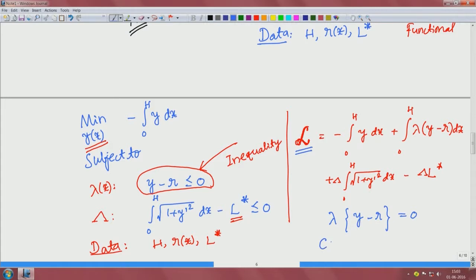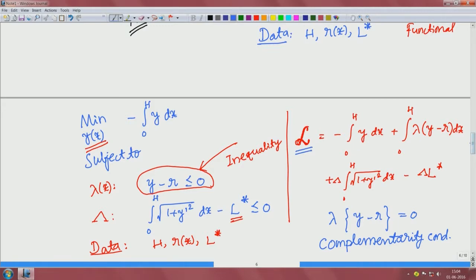This is called the complementarity condition. Okay. That means that either lambda is 0 or y minus r is 0 at different points in the domain from 0 to h in this problem.